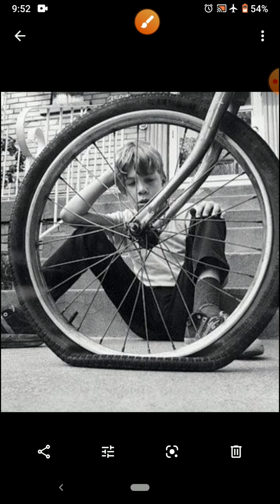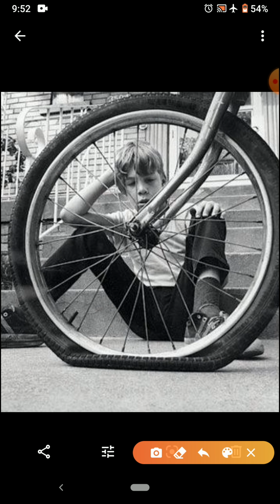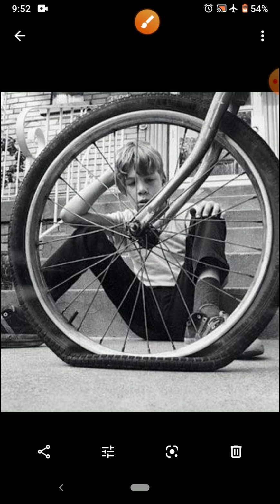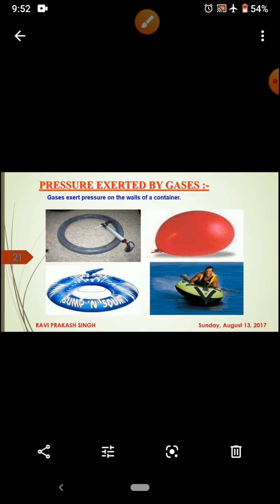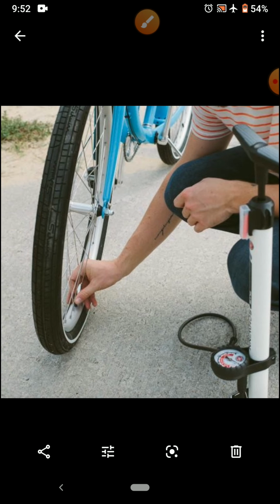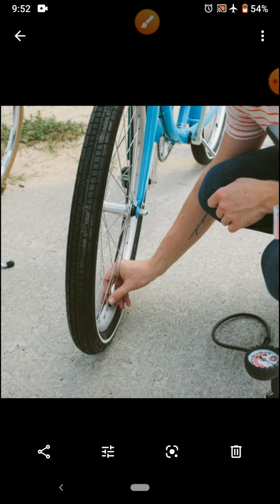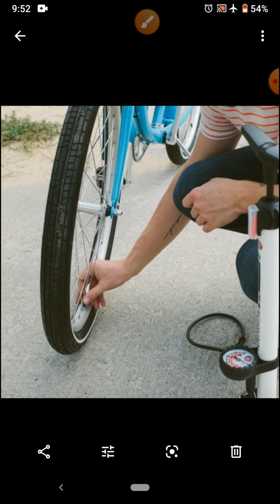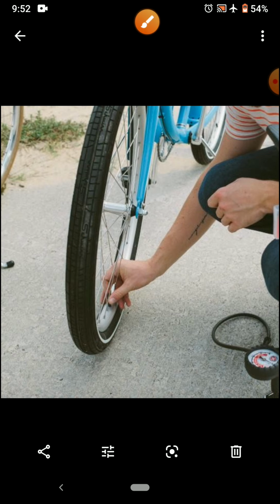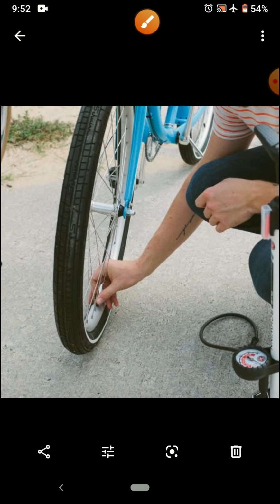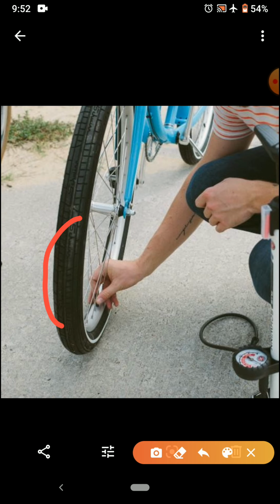Another example, see, this is a bicycle. When the tire of the bicycle is punctured like this, you can see that it cannot move. So when we inflate air in the tire of a bicycle, the air we inflate in the tube or tire exerts pressure on its walls, and the walls of the cycle tire expand and assume this shape.